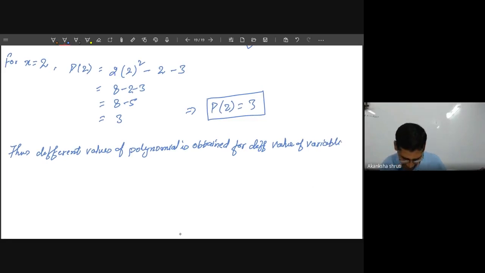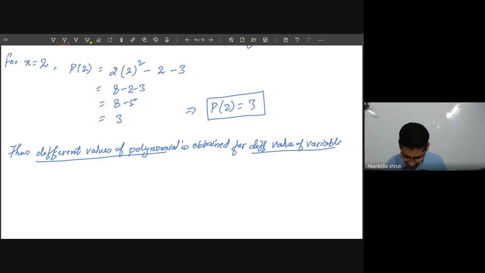Keep in mind, it may be possible that for two or more different values of the variable, the polynomial may take the same value. It may be possible, but mostly they are differing.